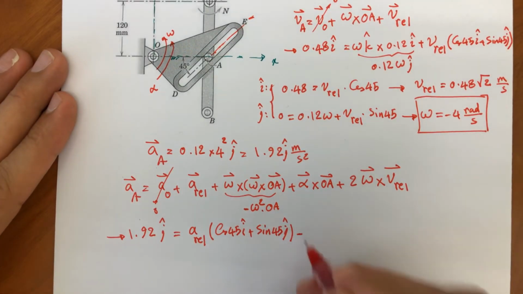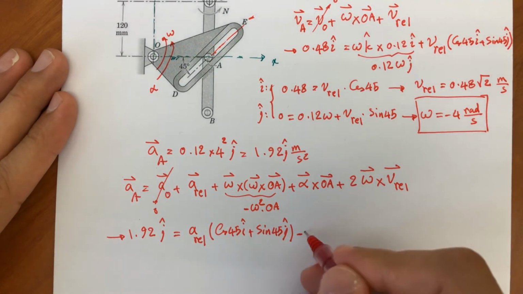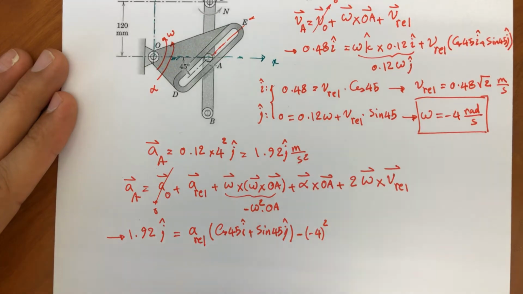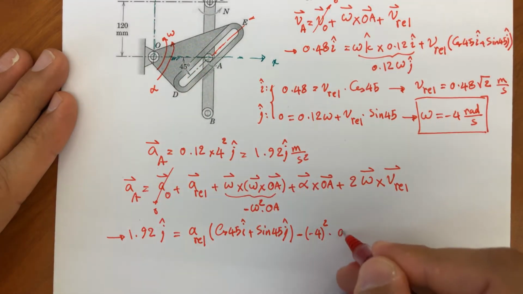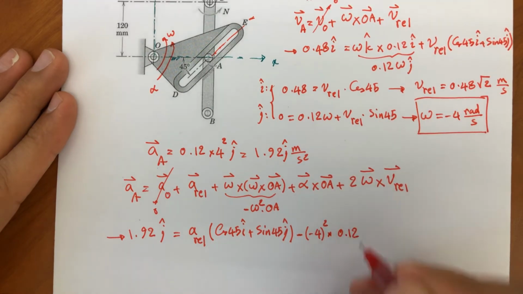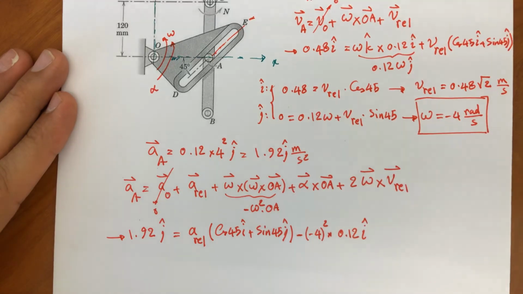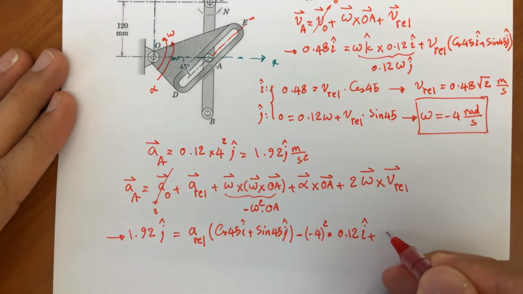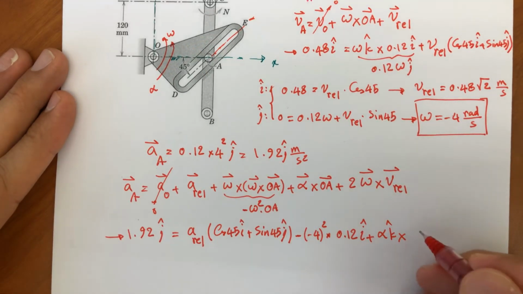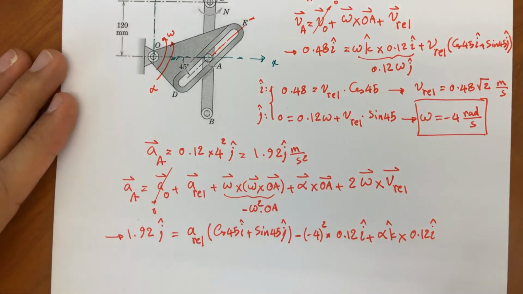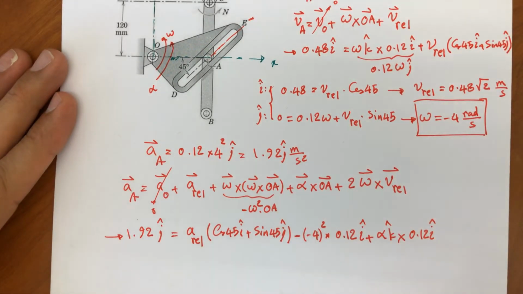So it's going to be negative 4 squared times OA, and OA is 0.12i. Plus alpha cross OA, alpha is unknown but the direction is k, cross OA, which is 0.12i, plus 2 times omega cross v rel.